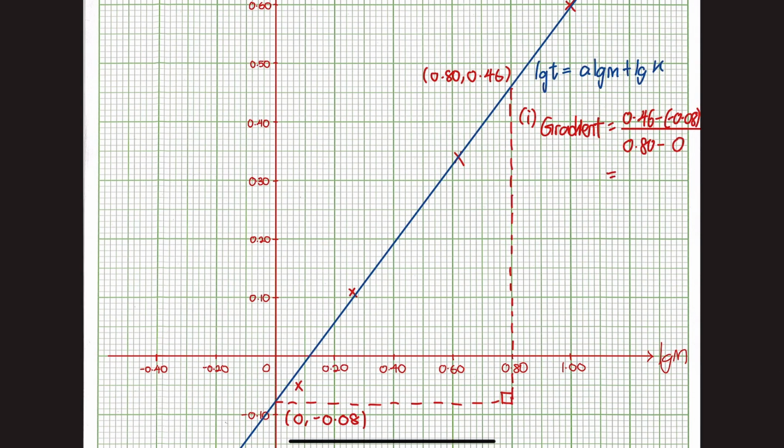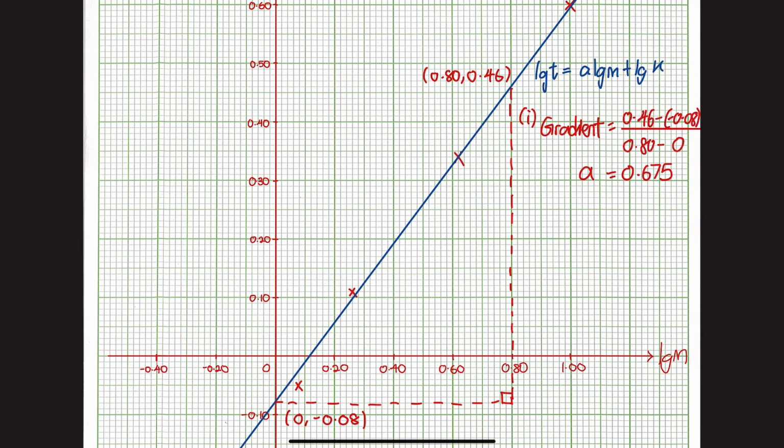Now let me calculate this value here. 0.46 minus negative 0.08 over 0.8. I get A to be equal to 0.675. Okay, this is for my gradient.